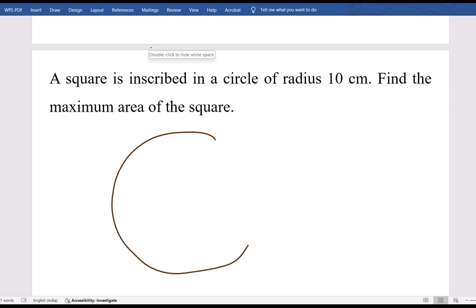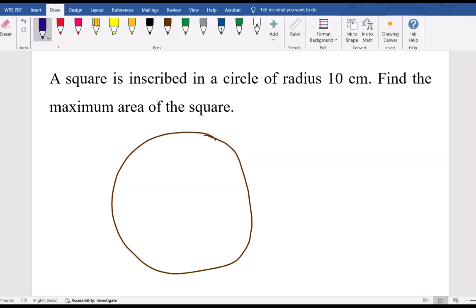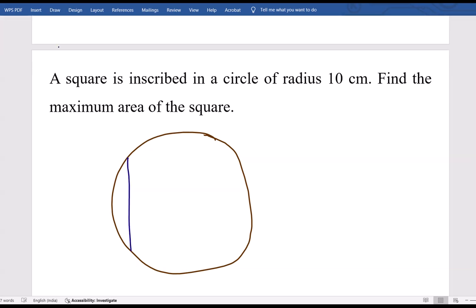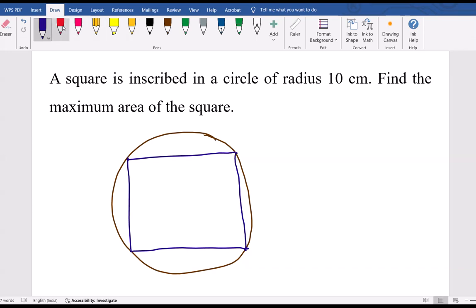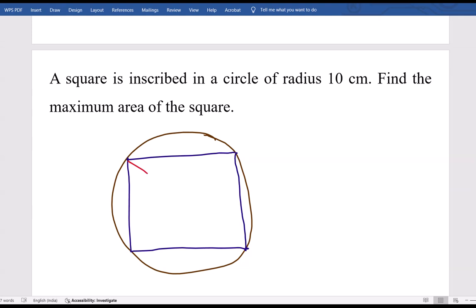Now, the question is regarding the reverse. Square is inscribed in a circle, inside the circle. Now, the important thing here: the diagonal is equal to the diameter. Here, diagonal of the square is equal to diameter. When you know the diagonal, what is the area of the square?